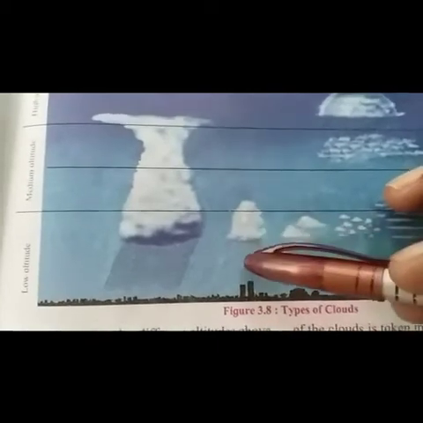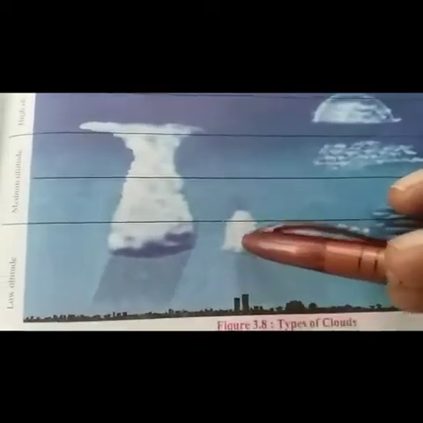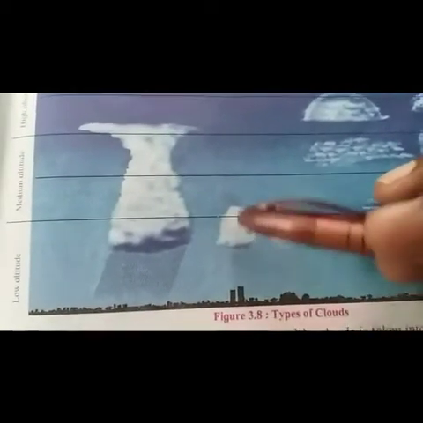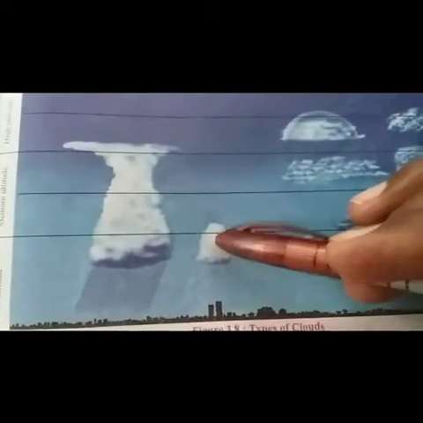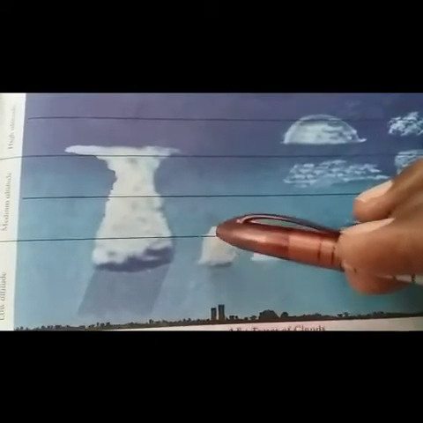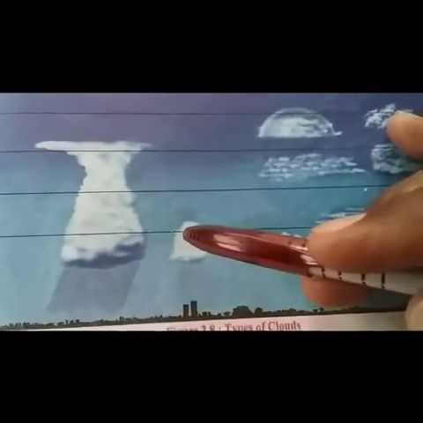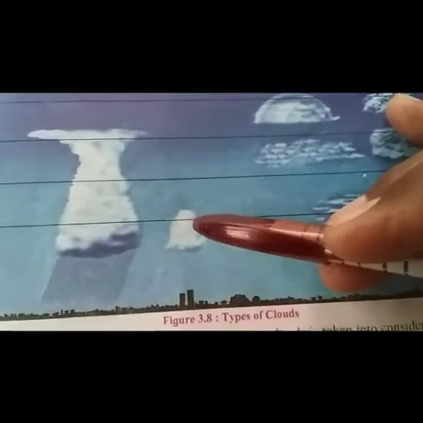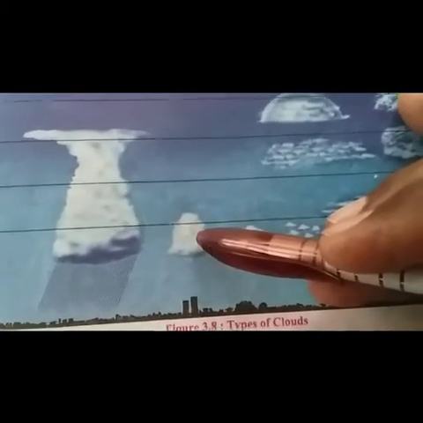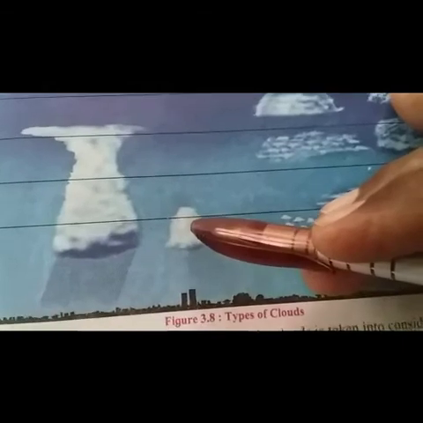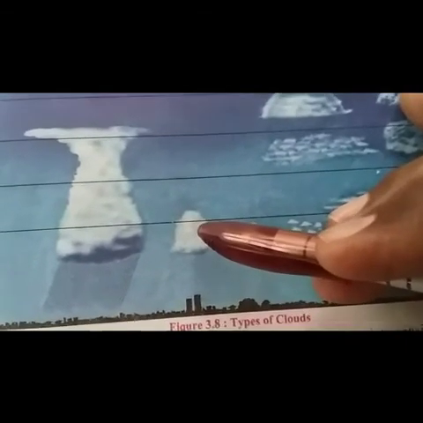The vertical flow of the air adds to the formation of these clouds. These are huge and dome-shaped. They are grey in color. Cumulus clouds are an indicator of pleasant weather.